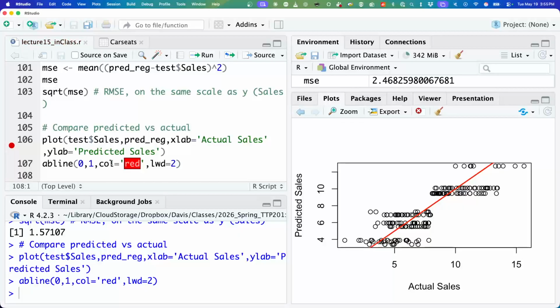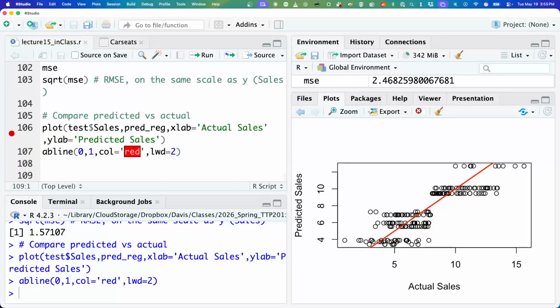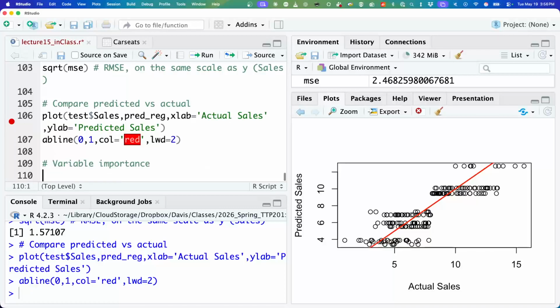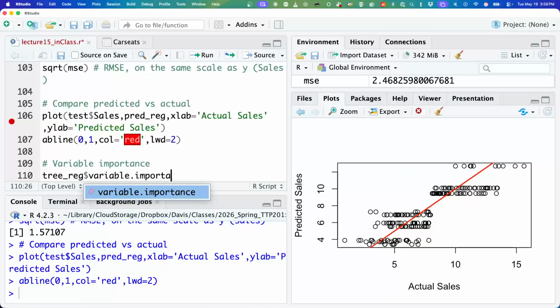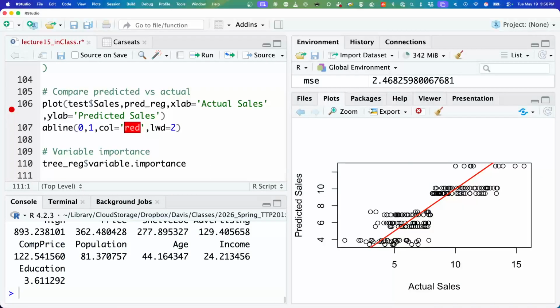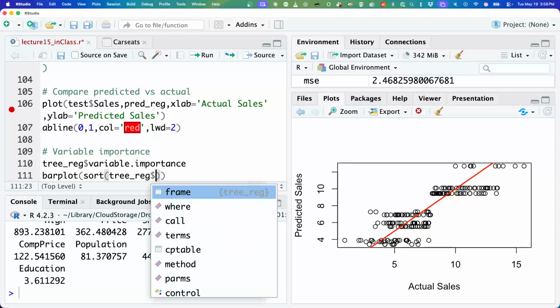The last thing that I'll mention is the tree itself gives a qualitative understanding of what's important, right? We can look at where the splits are happening. There are formalized ways of looking at this. There is an output called variable importance, and we can plot that like so.